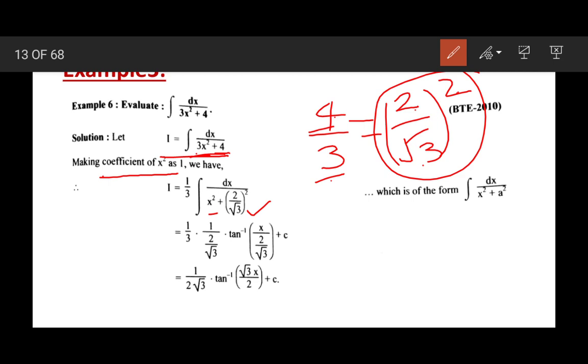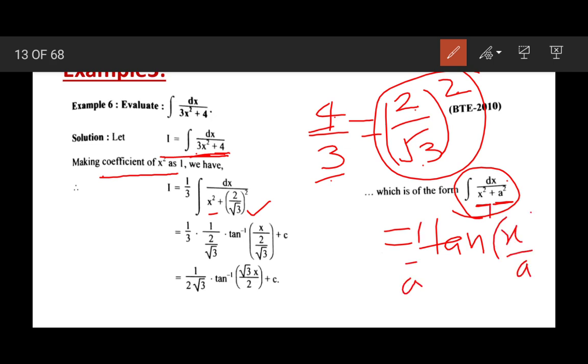So this will be in the form of dx upon x square plus a square, and we know that this is equal to 1 upon a tan inverse x upon a plus c. Here a is equal to 2 upon root 3.